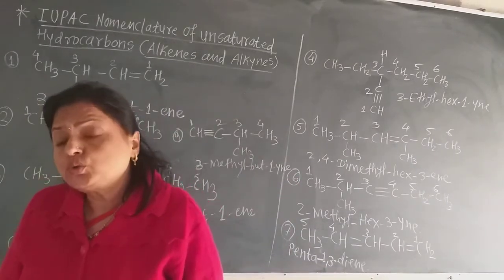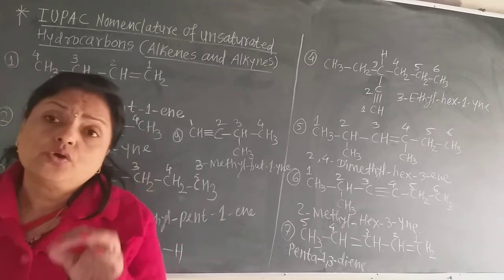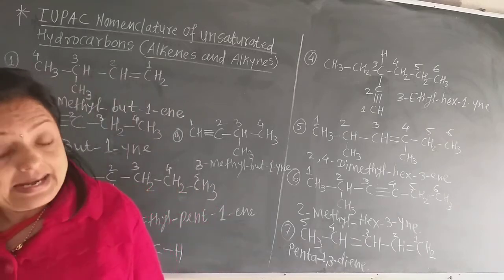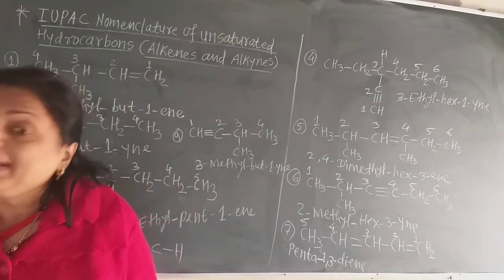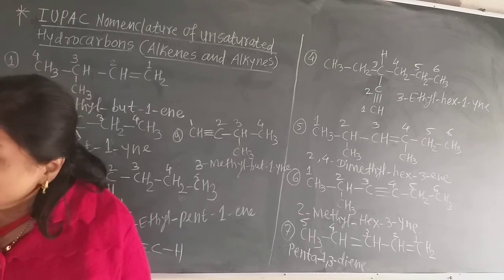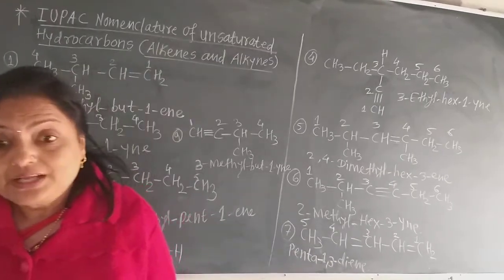When we have to give the IUPAC name to such an unsaturated compound, that means alkenes and alkynes which contain more than one double bond, then do not write only pent. If it is pentene, write penta. If it is hexene, hexa. If it is butene, buta.